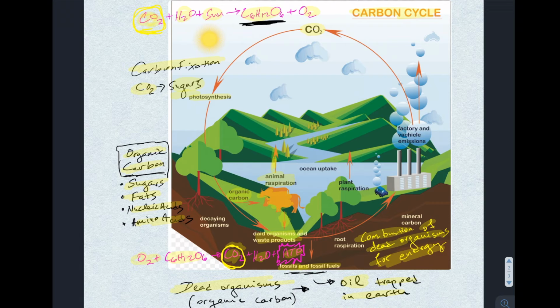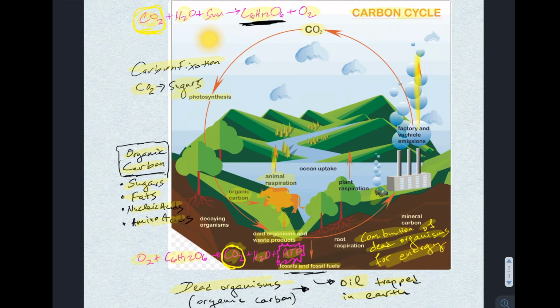And that energy, of course, can be used in order to fuel our cars. But in the meantime, that carbon, as we're burning those fuels, does go back into the atmosphere.